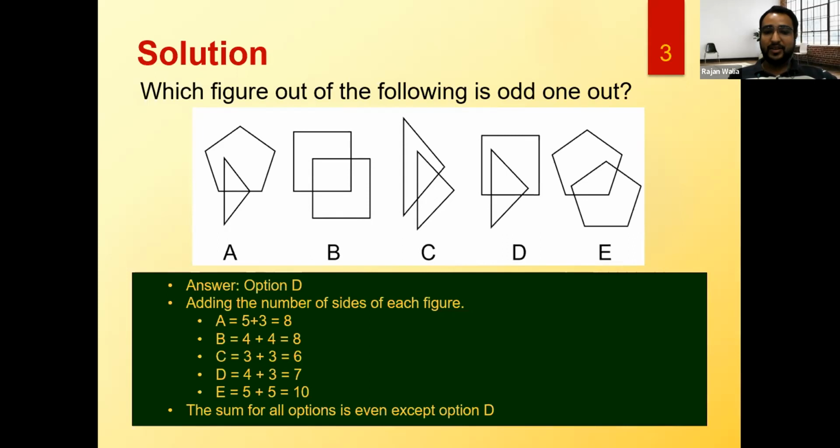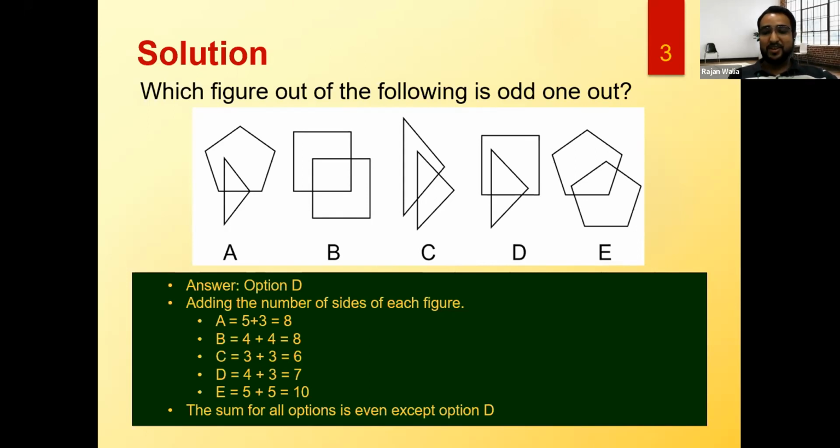For B, it is 4 plus 4 equal to 8. For C, it is 3 plus 3 equal to 6. For D, it is 4 plus 3 equal to 7. And for E, it is 5 plus 5 equal to 10. Here the sum of all options is even except option D. For option D, the sum is 7, which is odd. So the correct option is D here.